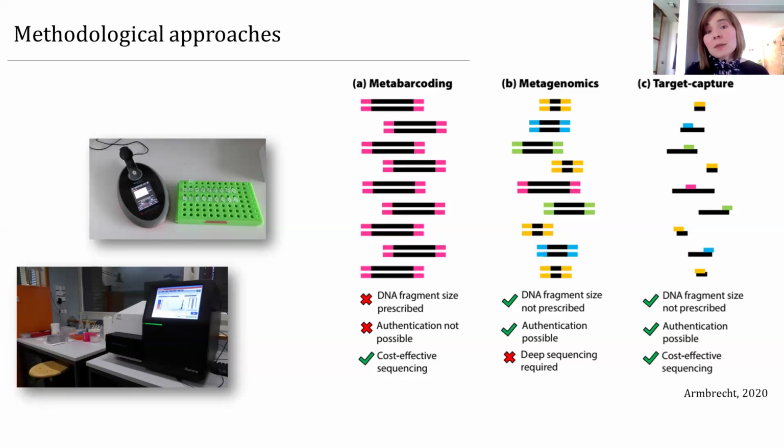In metabarcoding, you don't see any damage because it's somehow repaired during PCR, and the sequences are the same length. For metagenomics, apart from all the advantages, you need deep sequencing, so you need to obtain a lot of sequencing. That can be just costly or technically very difficult to obtain the whole view of organisms.